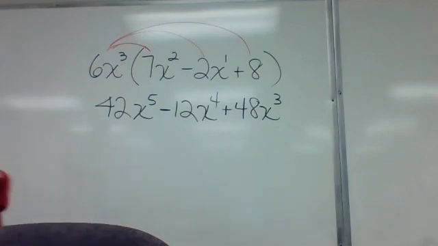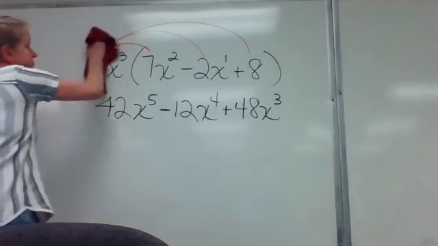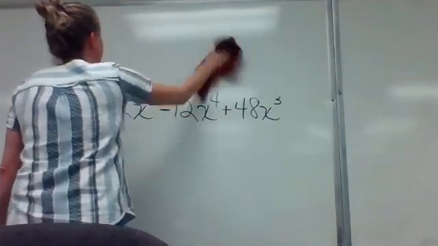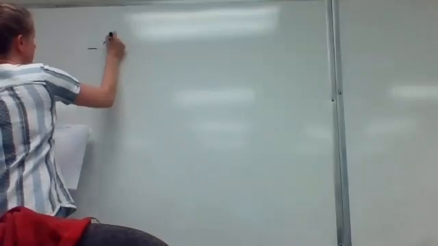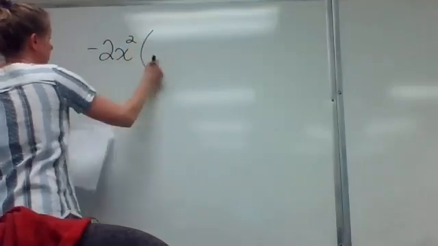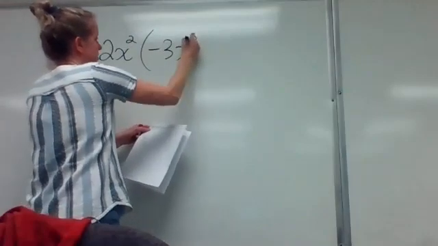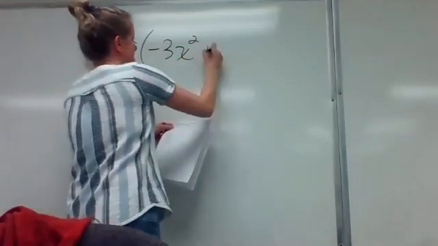Right, number 7. Negative 2x squared times negative 3x squared plus x minus 7.